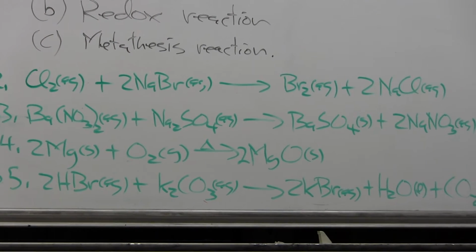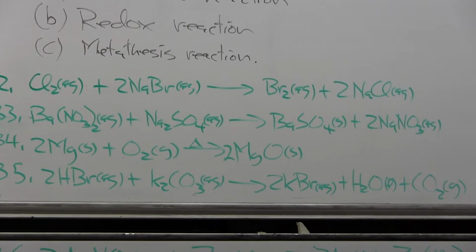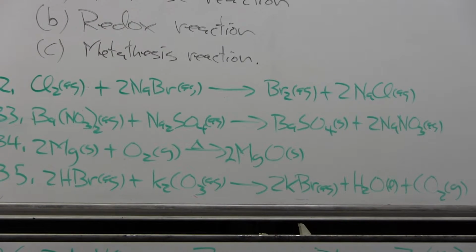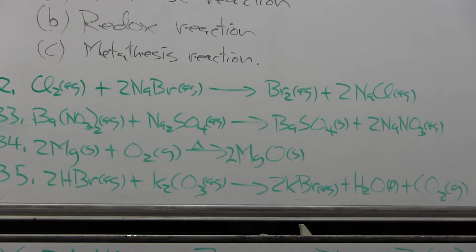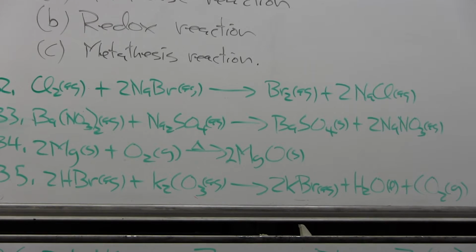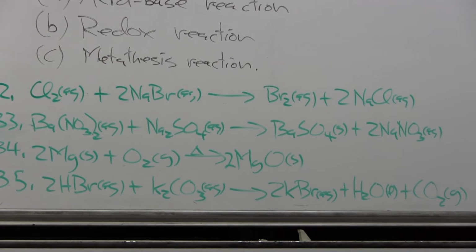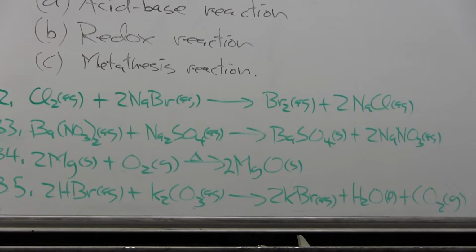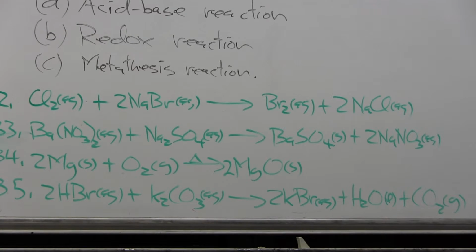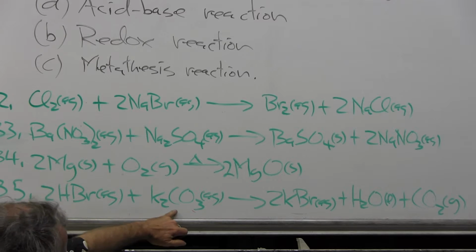Now number 35, I've got 2 hydrobromic acids, aqueous, plus potassium carbonate, again aqueous, and they combine together to give me 2 potassium bromides, aqueous, plus water, liquid, plus carbon dioxide, gas. In our analysis, we would look at that I've got a hydrogen ion, I've got a carbonate ion.